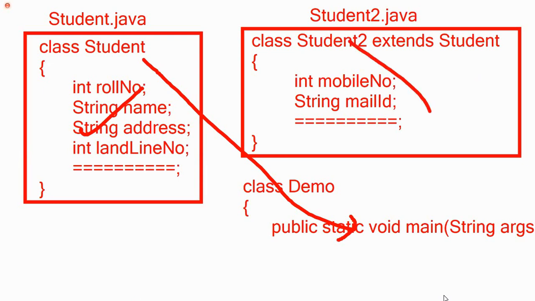Like that, while developing applications, we make separate classes. We always prefer separate classes: main method purpose one class, employees purpose one class, student purpose one class, department purpose one class. We always make separate classes.